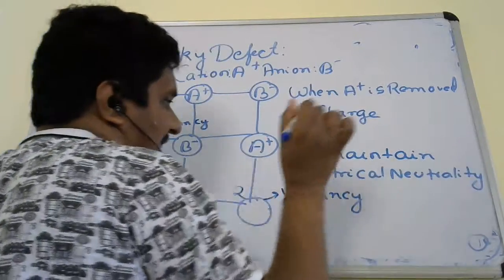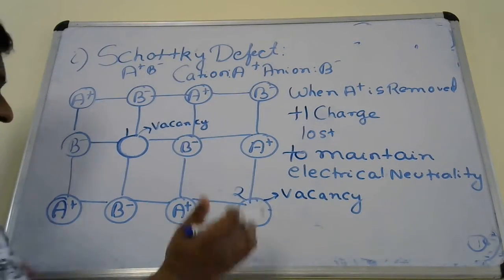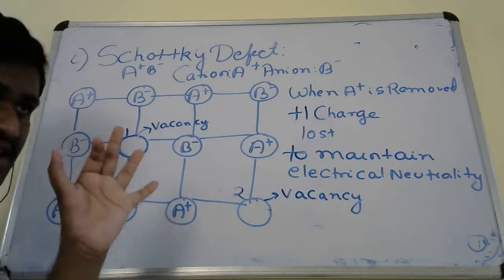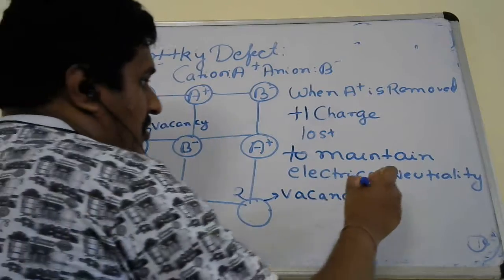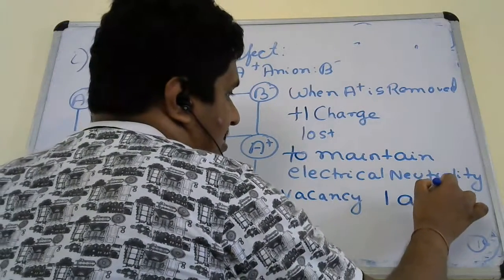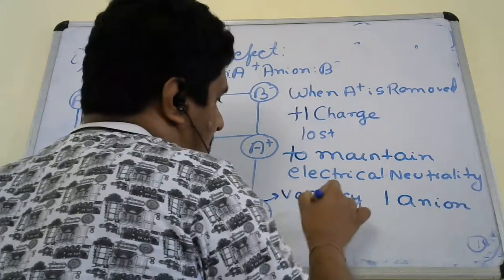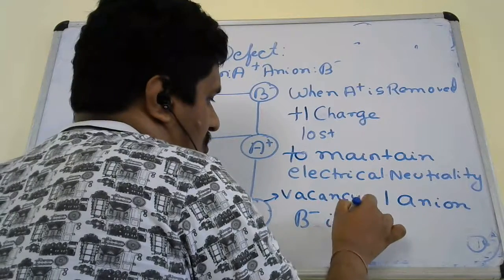Electrical neutrality means the ionic solid is always neutral, overall charge 0. One anion B minus is also removed.